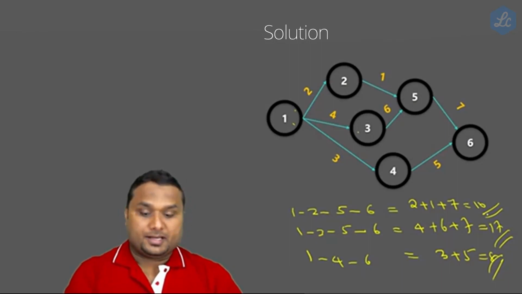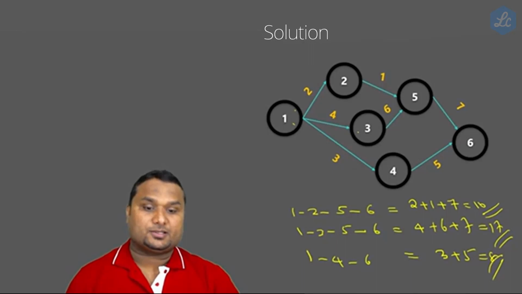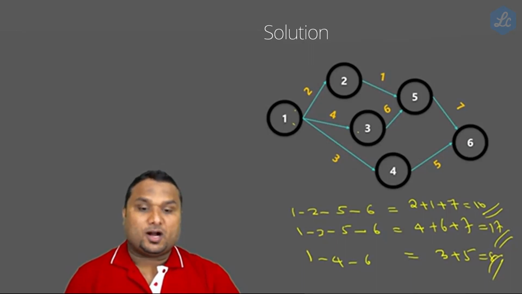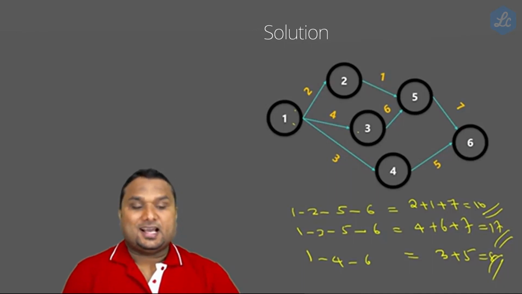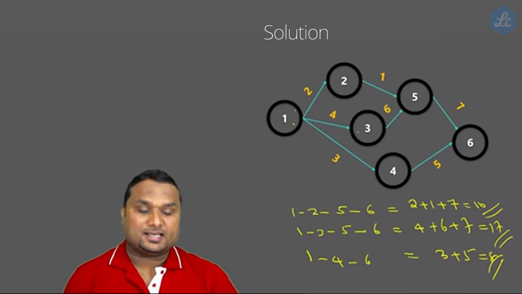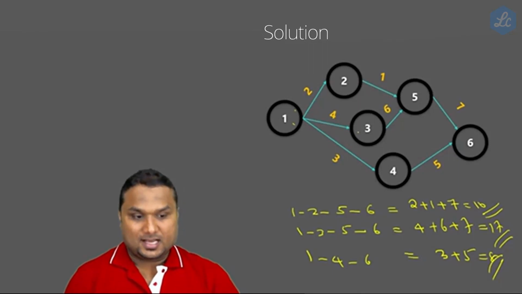Now, my dear friends, please tell me which has the highest duration. Please comment, and tell me what the duration is exactly. The second path has the highest duration. And what is the time?